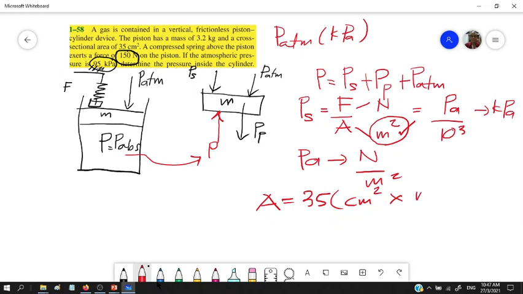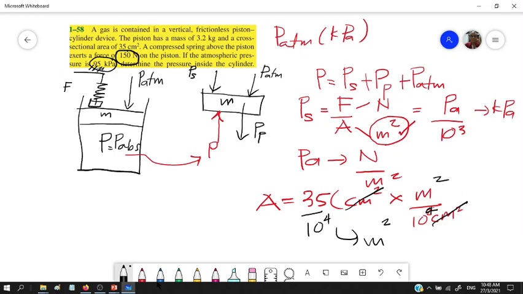We know that 1 meter is equivalent to 100 centimeter. So we want to cancel out the square, so this is squared, meaning that we get 10 to the power of 4. Then we divide by 10 to the power of 4 in order to get meter squared. So please be careful with the units.